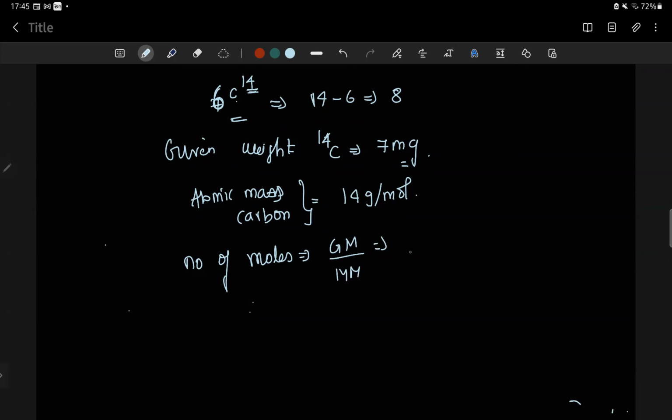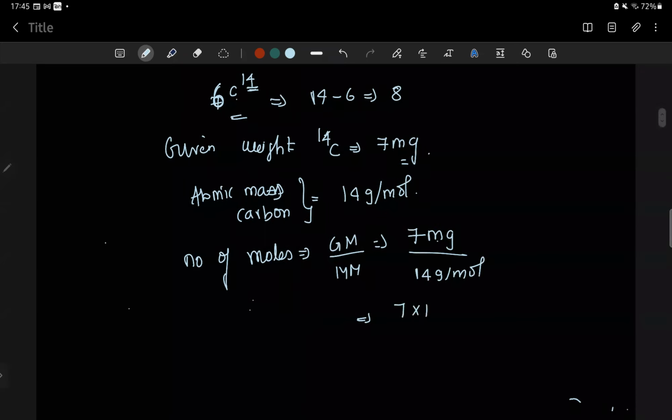Here the given mass is 7 mg, molar mass is 14 grams per mole. Now we need to convert milligram into grams, that is 7 into 10 to the power minus 3 grams divided by 14 grams per mole. So anyone can say what is the answer for the simplification? What is the answer for the simplification?